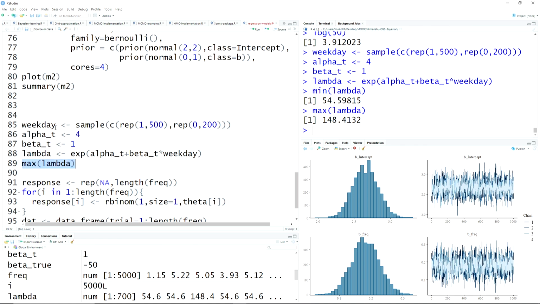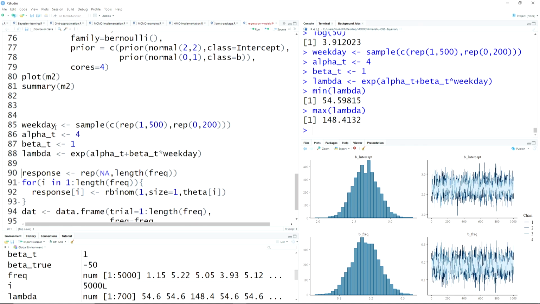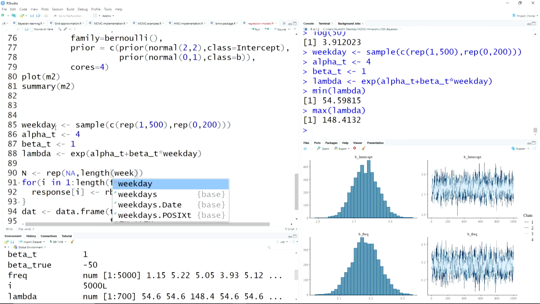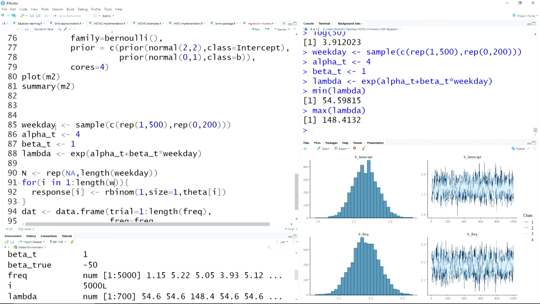Okay, so this is good. So you've gotten your lambda. Now you generate the number of road accidents. N_i comes from rpois(1, lambda_i).